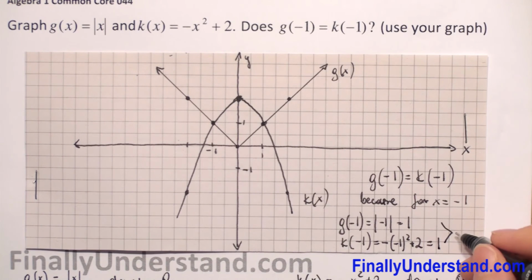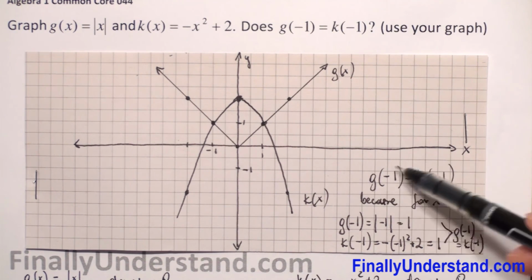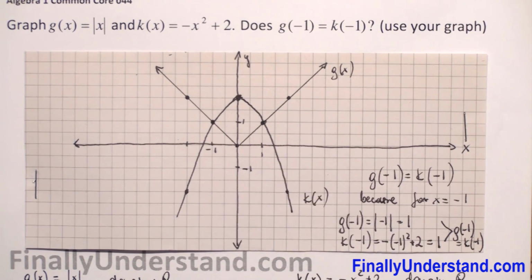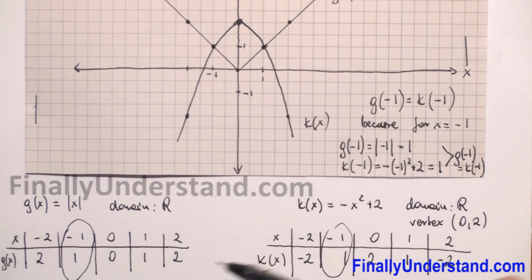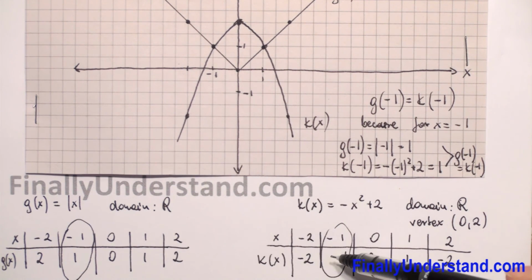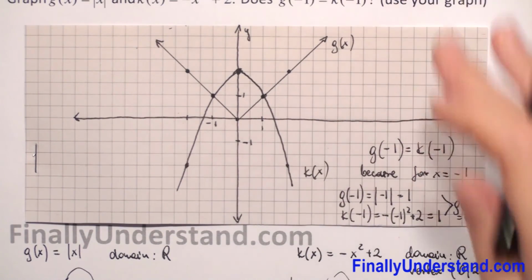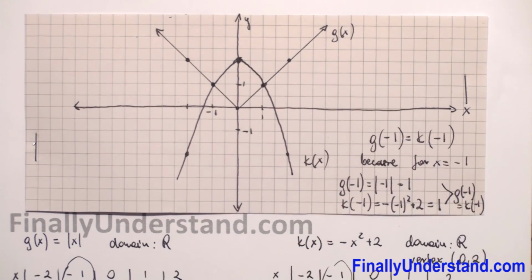We see that g of negative 1 is equal to k of negative 1. From algebra, from the charts we see that for negative 1 we have value 1 in the g function and in the k function, and from the graph. This is my solution.